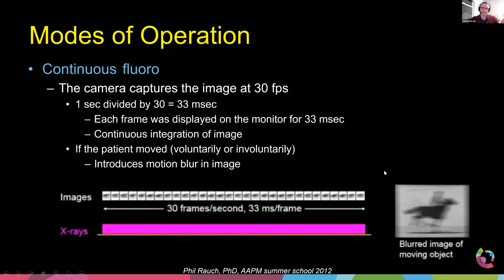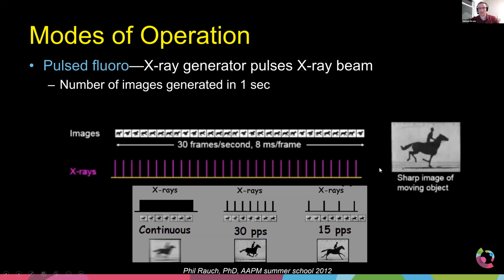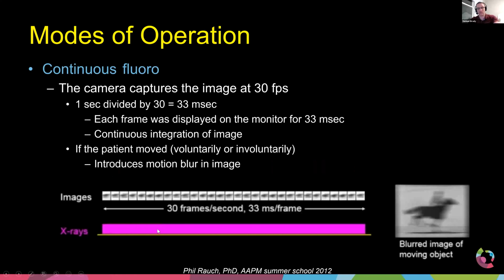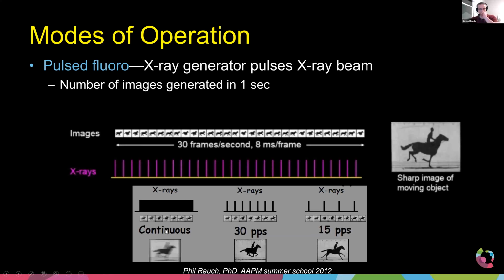And for what it's worth, we can do the exact same imaging, but instead of keeping the X-ray on the entire time, as you can see at the bottom there in that pink or fuchsia color, now we're going to acquire the exact same amount of images, 30 frames per second, but this time we're going to pulse it.